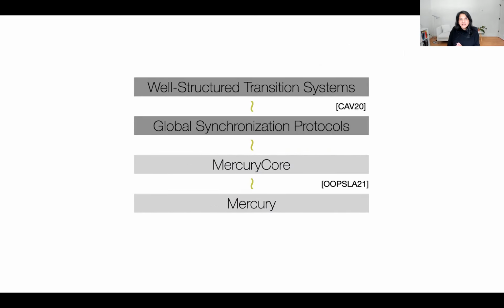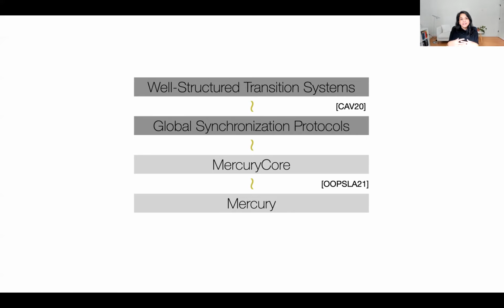So how do we do this decidability? Again, I'm just going to give you some intuition. This is also hierarchical, and we call this layered in the sense that Karim just mentioned earlier. It is very difficult to directly reason about the decidability of Mercury programs because they look like programs. So what we do is we rely on a previous result, which showed that a certain computational model that we proposed in a paper in CAV last year, called the Global Synchronization Protocols, which are a pretty abstract theoretical computational model for capturing distributed agreement systems, can be decidable under certain conditions.